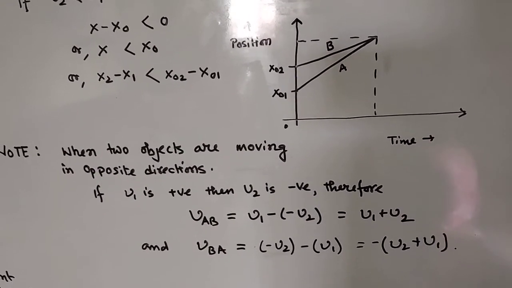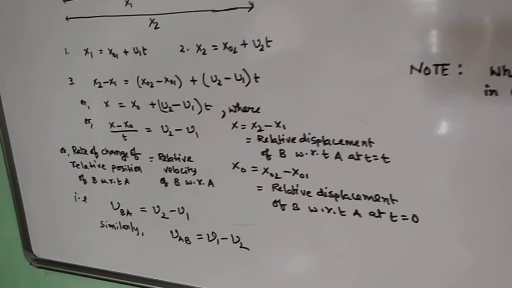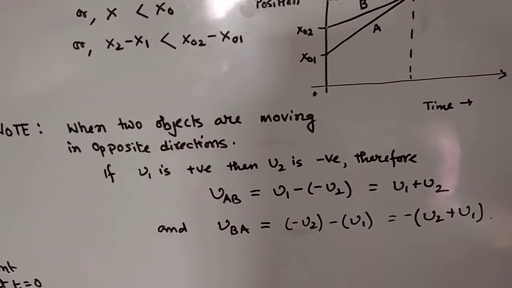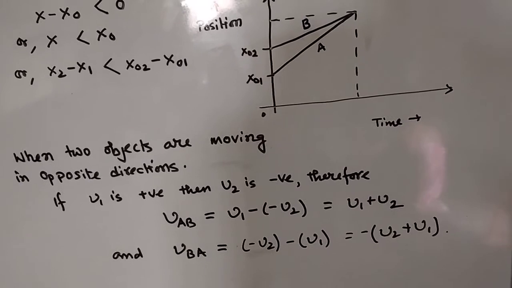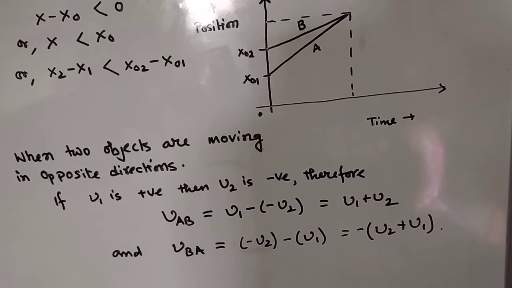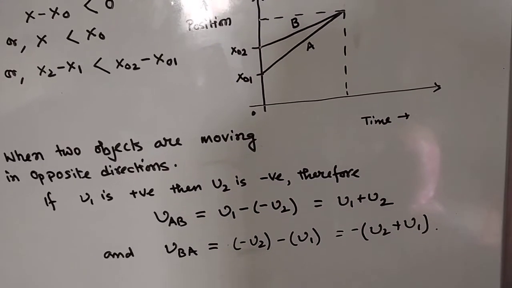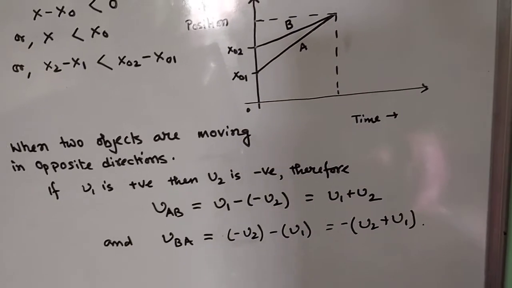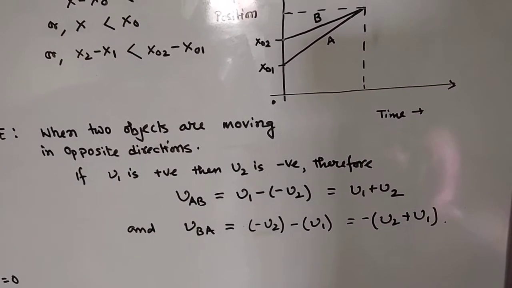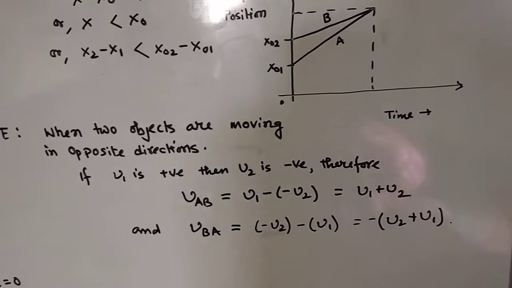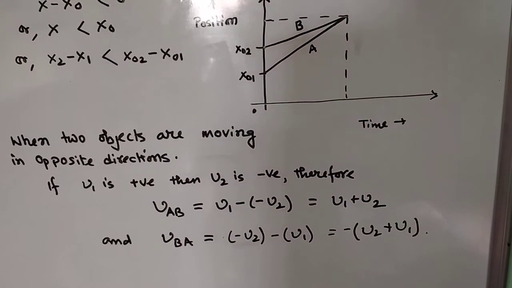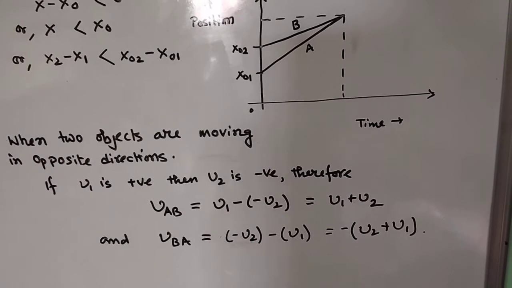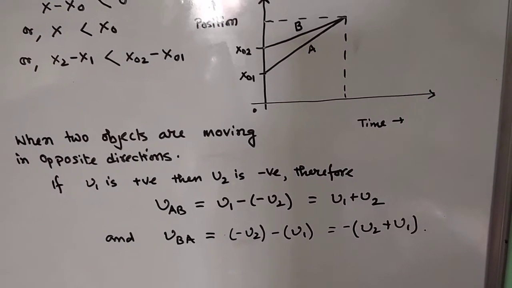Under that case, the general expression VAB is v1 minus v2, so v1 minus of v2, that is v1 plus v2. So if two objects are moving in opposite directions, the velocities get added up to define the relative velocity. Similarly in the case of VBA, if v1 is positive and v2 is negative, it is minus v2 minus v1, so v2 plus v1 with the negative sign.